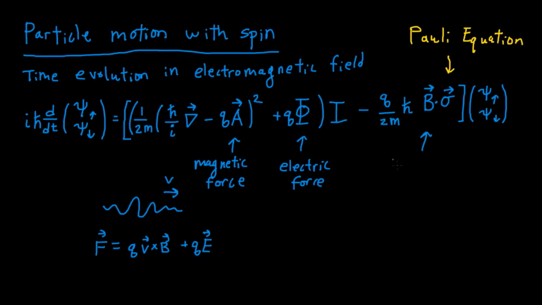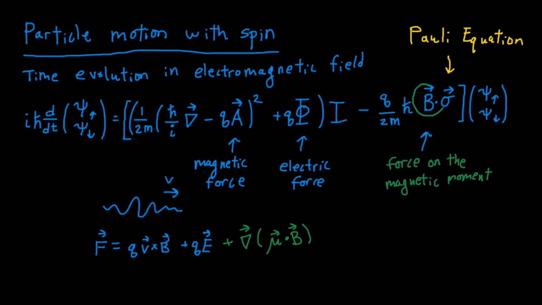This force is going to be a force on the magnetic moment. And classically, this force is equal to the gradient of mu dot B.